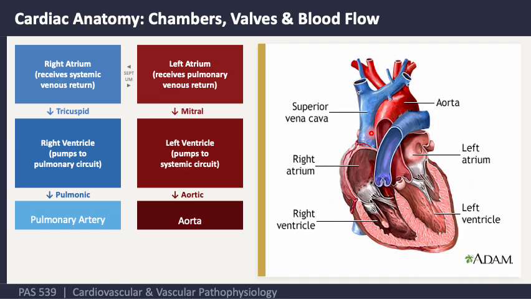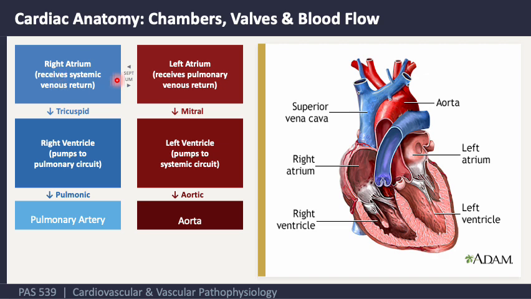Blood flow usually comes through the superior vena cava and the inferior vena cava, that would be right here, and will enter into the right atrium. This is venous return, so it is blood that is higher in carbon dioxide than oxygen.